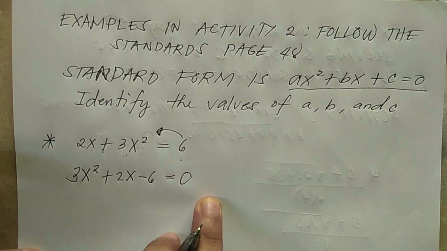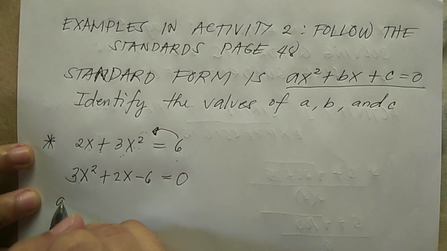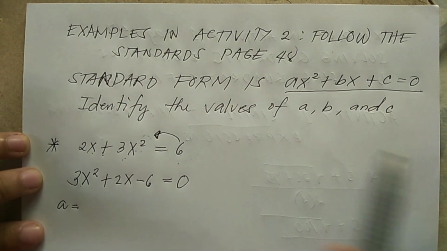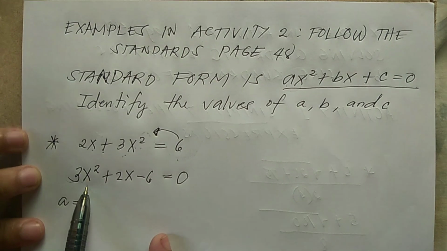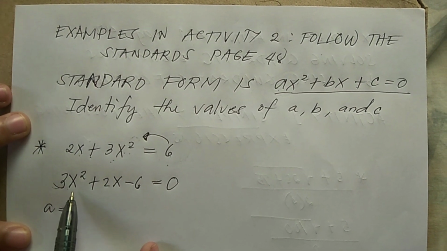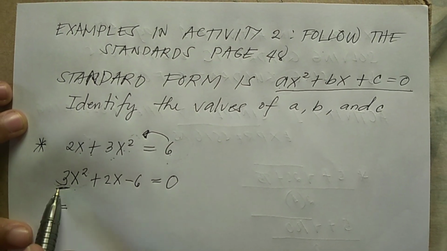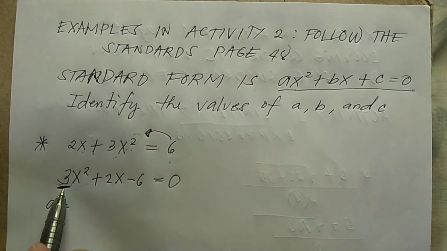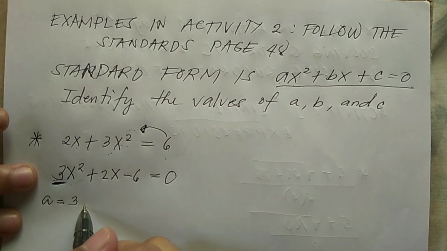After you arrange it into standard form, identify the value of A. A is the numerical coefficient that goes with the quadratic term, the x squared. Just its numerical coefficient, which is positive 3.